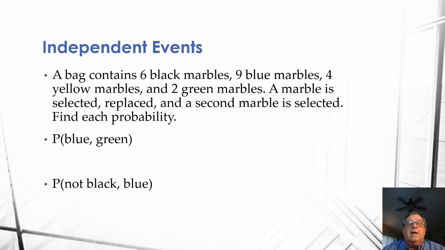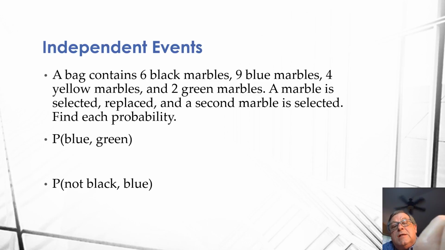So we got a bag that contains 6 black marbles, 9 blue marbles, 4 yellow marbles, and 2 green marbles. So first question I want to ask myself is, how many total marbles are there?